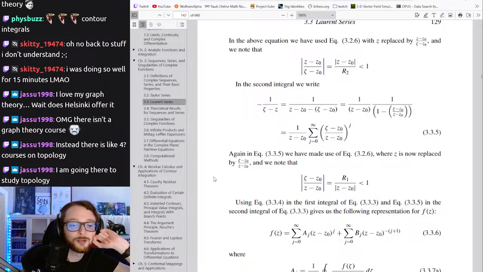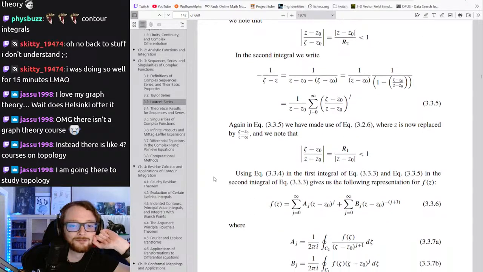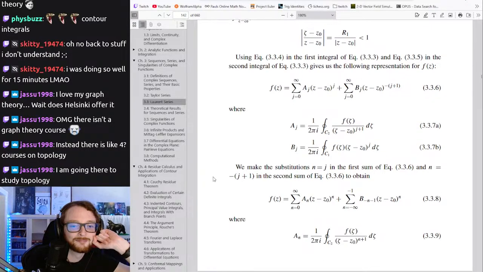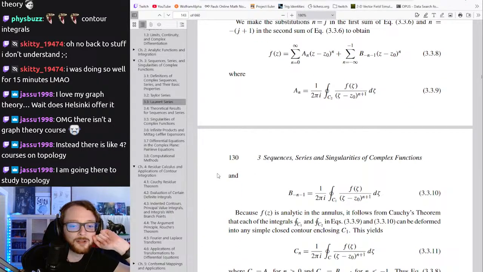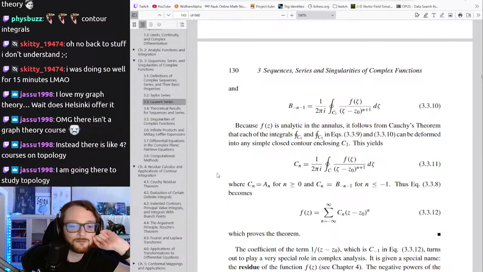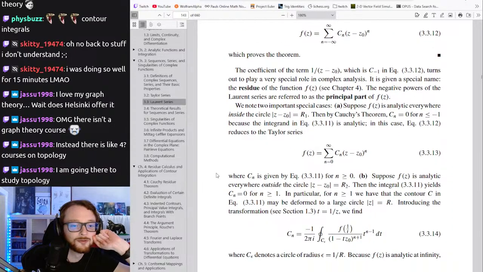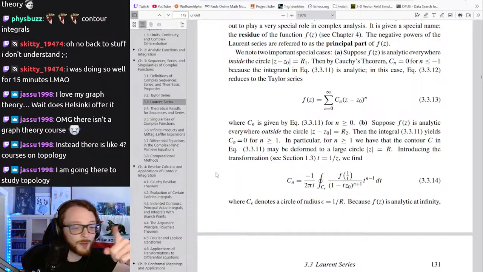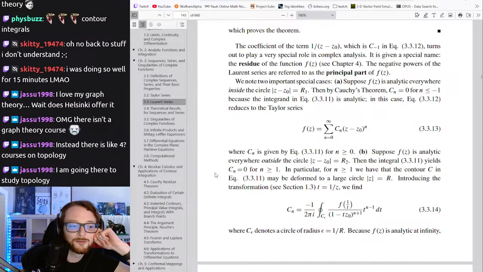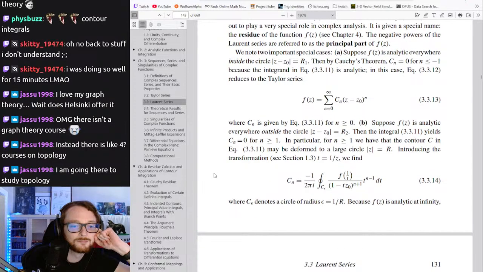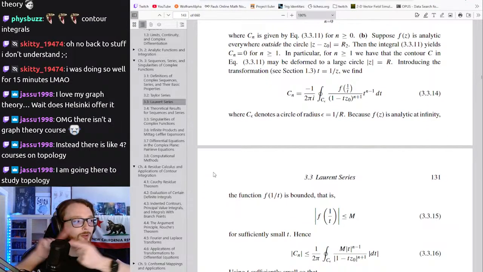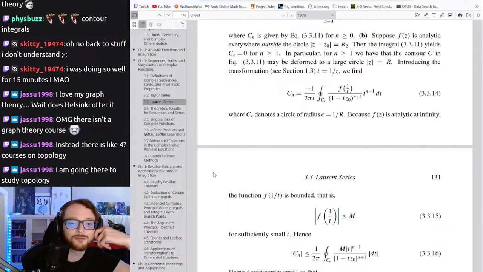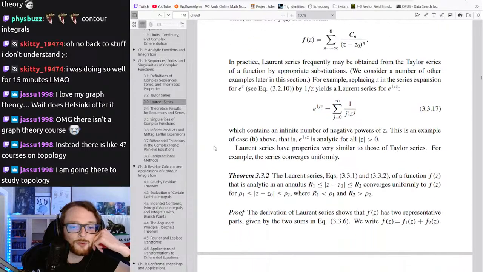They're going there to study topology. I think you're going to go there and study everything that exists and understand it very easily, Jasu, because you can do everything. That's my theorem. You can do biology, physics, chemistry, math. You got it all.